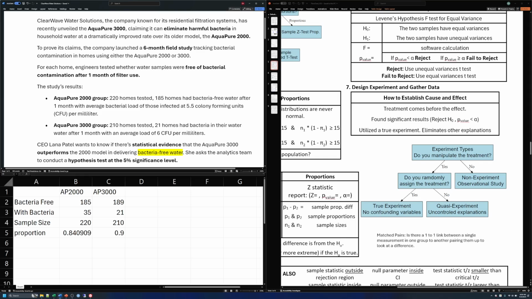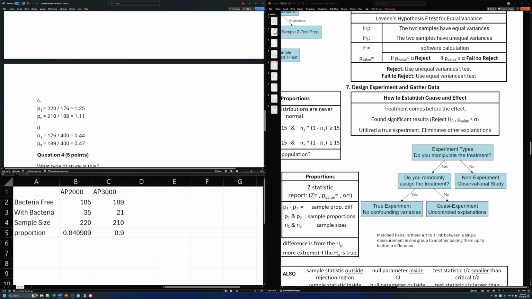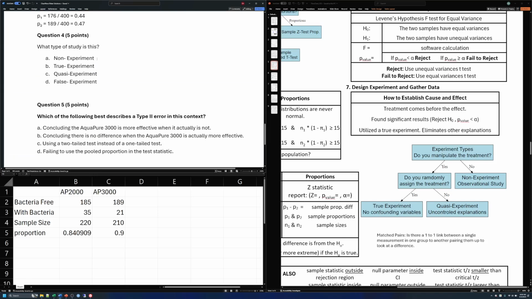From this sentence, it does not appear that we are manipulating the treatment, telling them what to do, or randomly assigning. It just says that we are observing what is going on. Because of that, this is a non-experiment or an observational study. We're not manipulating what's going on. We're just asking what's happening. So, non-experiment.